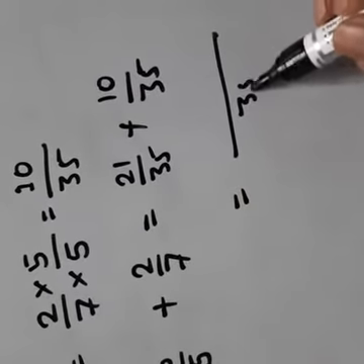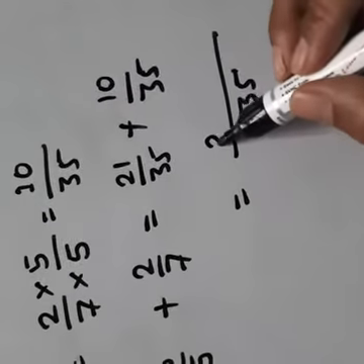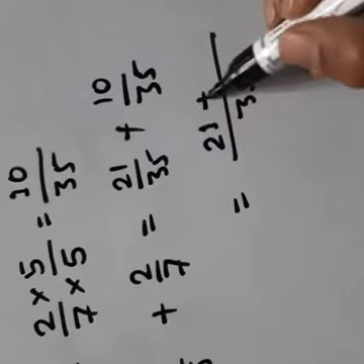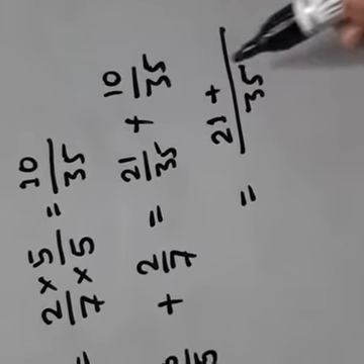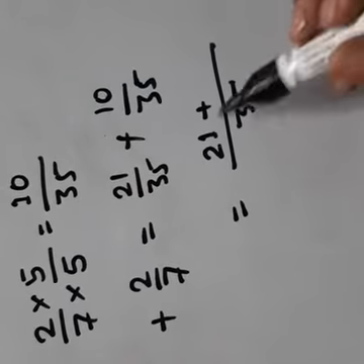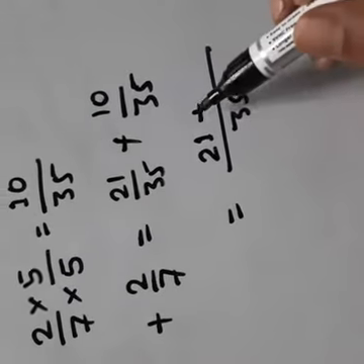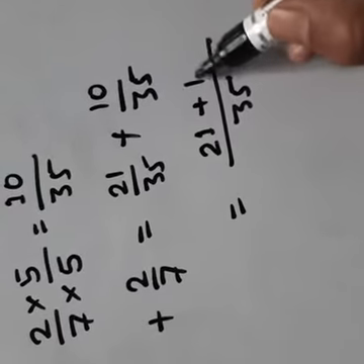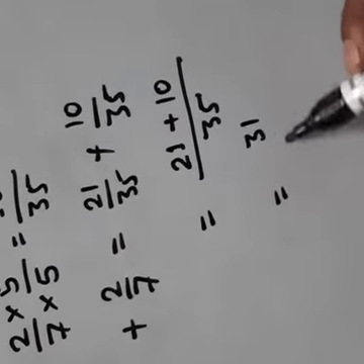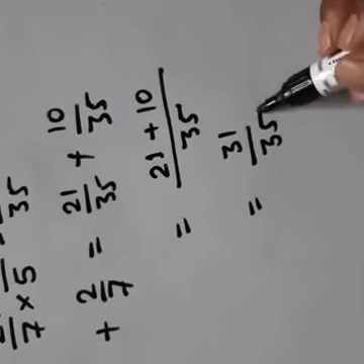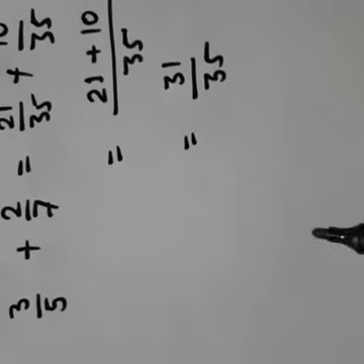So whenever the denominators of fractions are equal, write the denominator the same, don't add 35 plus 35, don't do 70. No need to do any cross multiplication this time. So 21 plus 10, add the numerators. 21 plus 10, 31 upon 35. This is the final answer, students.